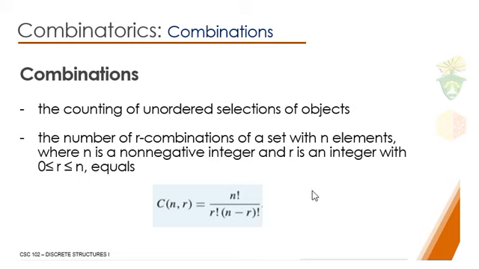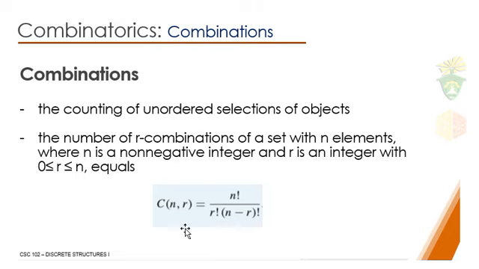So we have this formula for combinations. It's almost the same as permutations, except for the additional r factorial. Okay? So let's have an example on the difference between combinations and permutations.